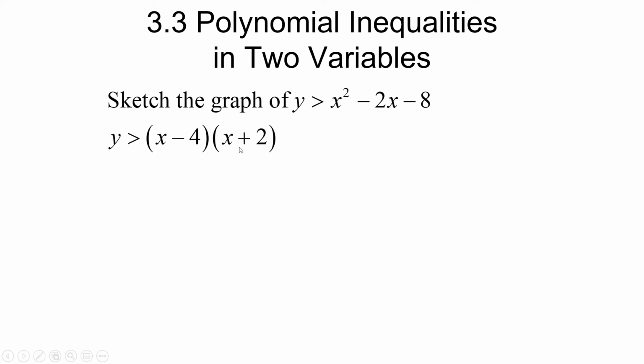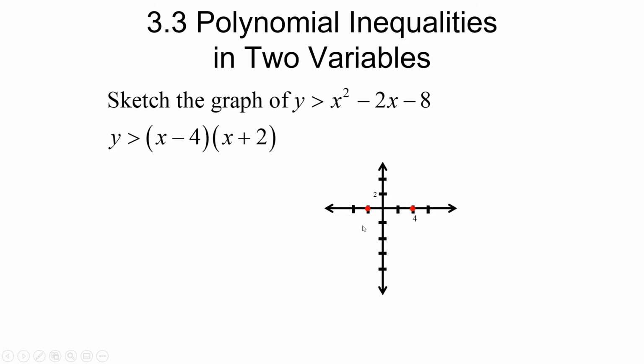There you go. So I see my two roots, so I'm going to break out my coordinate plane. The factor of x minus 4 gives me a root of 4, and the factor of x plus 2 gives me a root of negative 2, which these are scaled by 2, so that's right there. Now, doesn't the vertex have to be right in between these two roots on the axis?